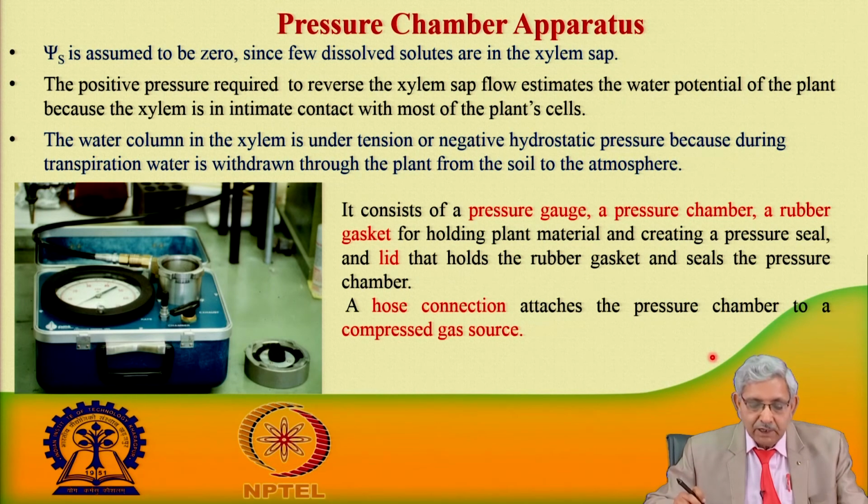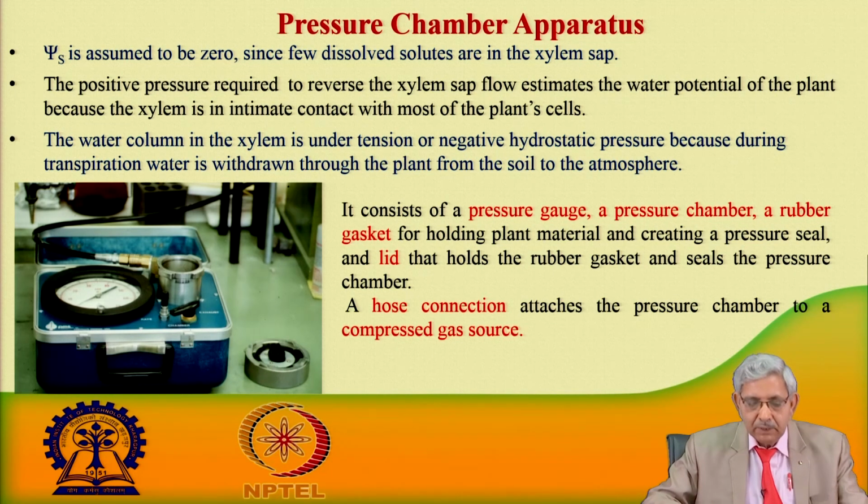The water column in the xylem is under tension, or negative hydrostatic pressure, because during the transpiration process water is withdrawn through the plant from soil to atmosphere.